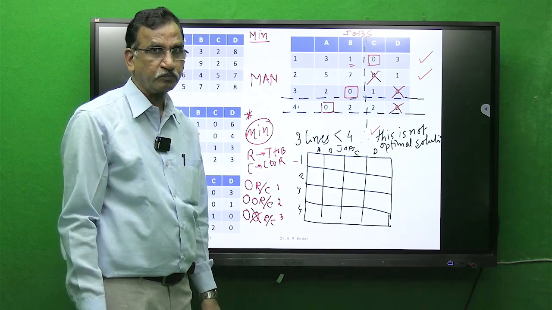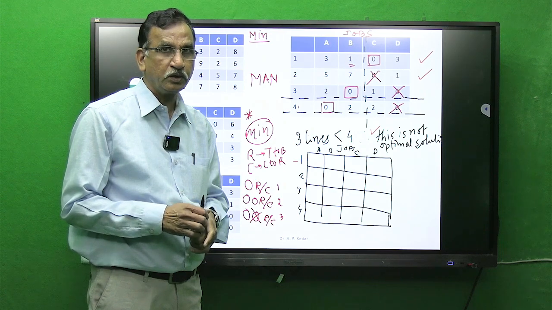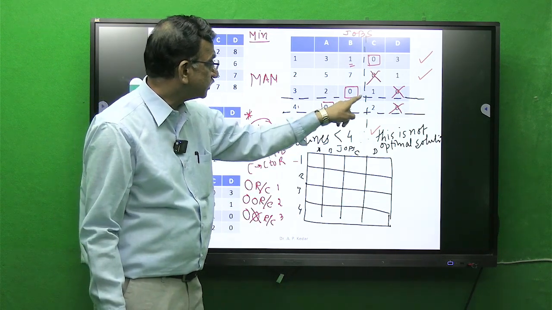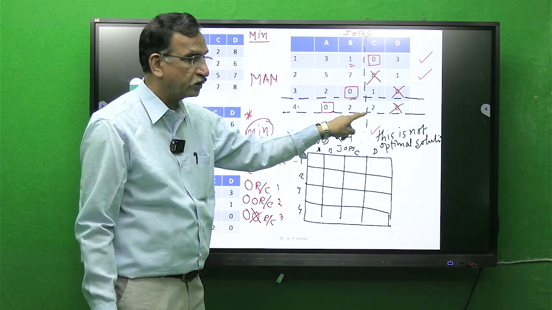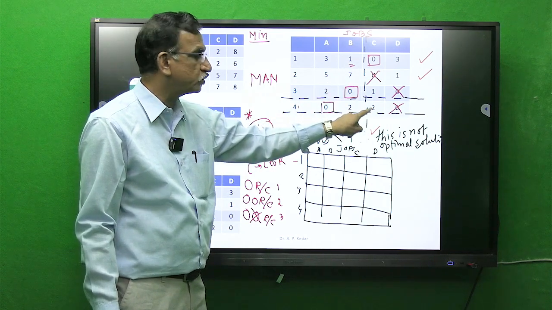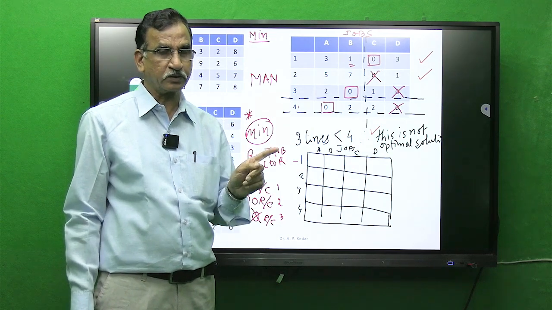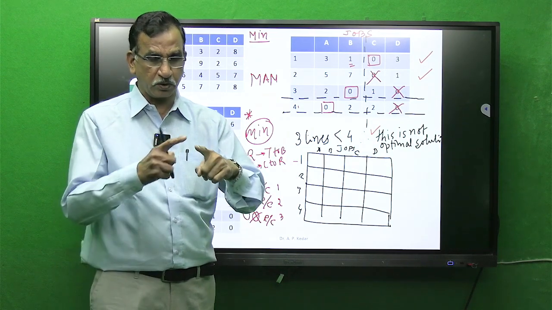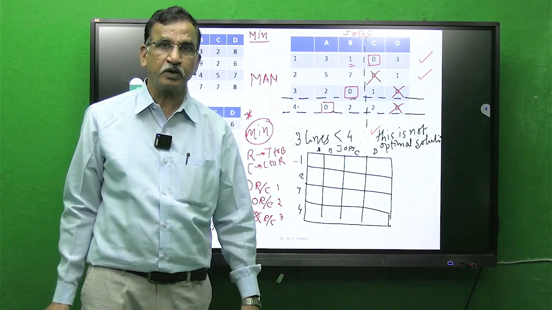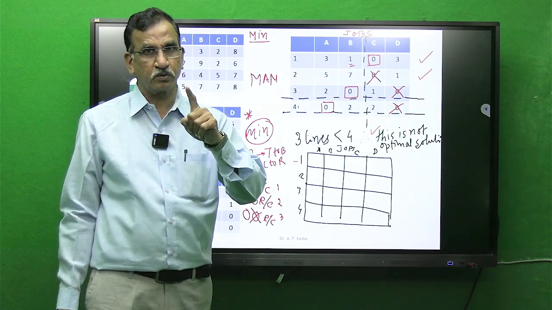First step, subtract. Second step, add this minimum value to the cell through which 2 lines pass, meaning there is an intersection. The intersection is at this point and at this point, so we will add this one to this one, and this one to this 2. Third, keep other values the same, the values of cells through which the line passes only once.